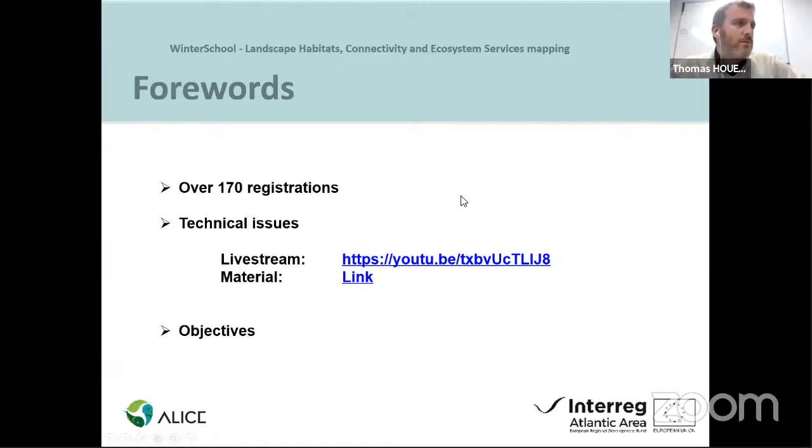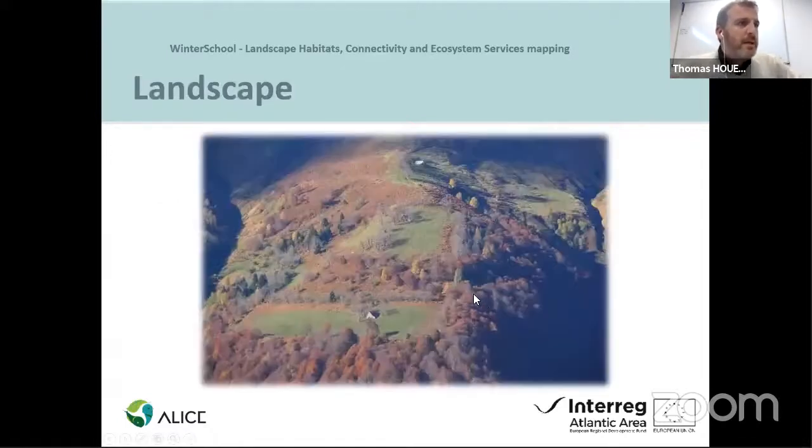So let's go through this introduction, to provide you with an idea of what we are talking about. What are we talking about when we say landscapes? Okay, so this is a landscape, an agropastoral landscape located in mountains somewhere in Europe.